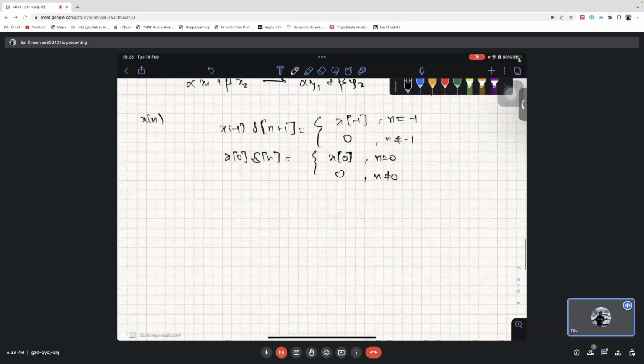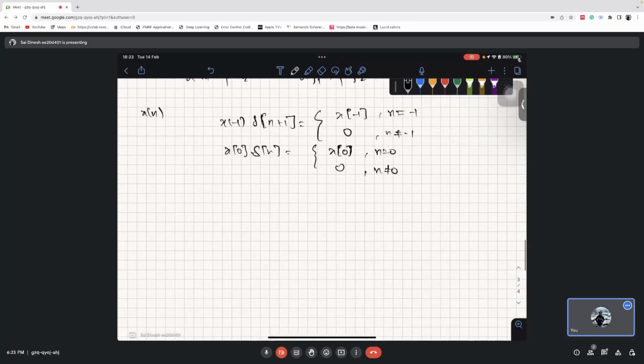In this way, any signal x of n can be represented as a shifted and scaled version of impulse signals: x of k times delta of n minus k. So x of 0 delta of n plus x of 1 delta of n minus 1, and so on.